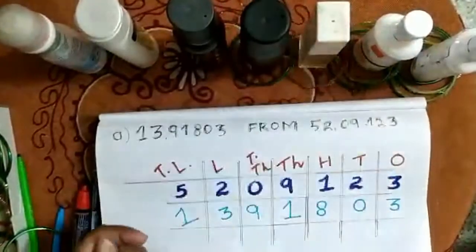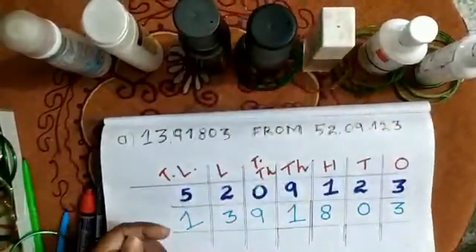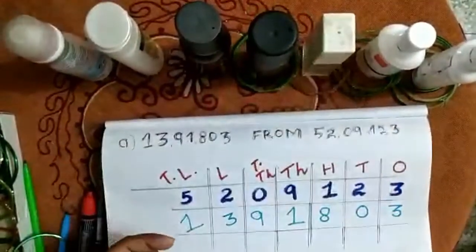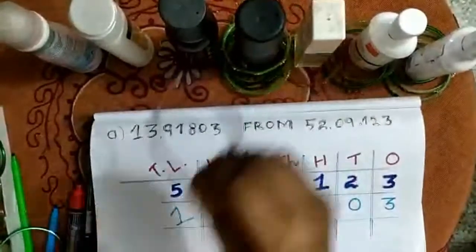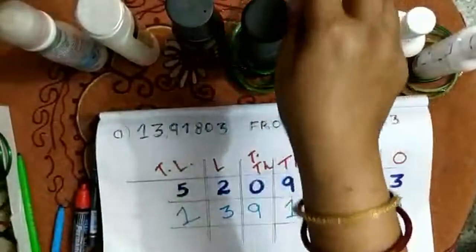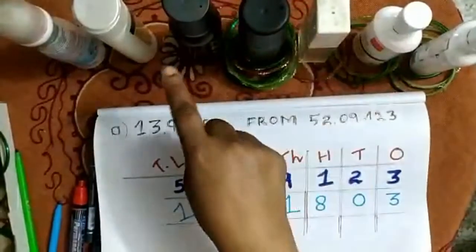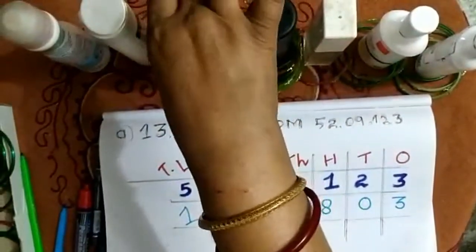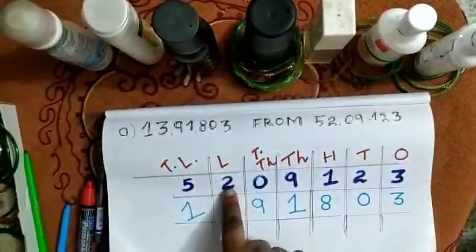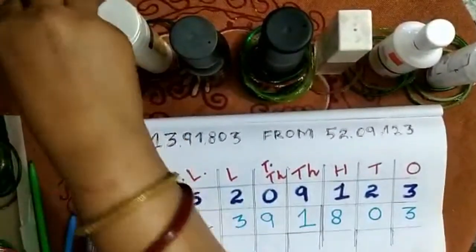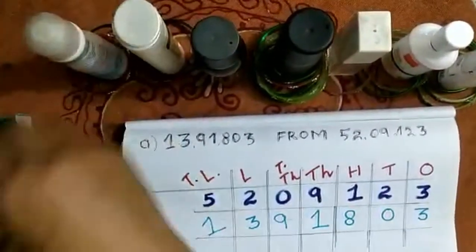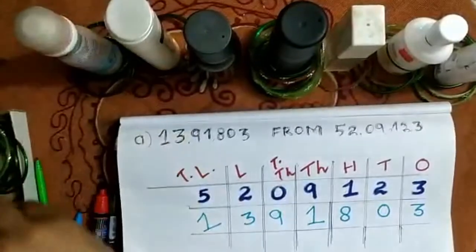9,000: 1, 2, 3, 4, 5, 6, 7, 8 and 9. 0 ten thousands, it means it is empty. This is 0 ten thousands. Now 2 lakhs: 1, 2, and then 5 ten lakhs: 1, 2, 3, 4, 5.